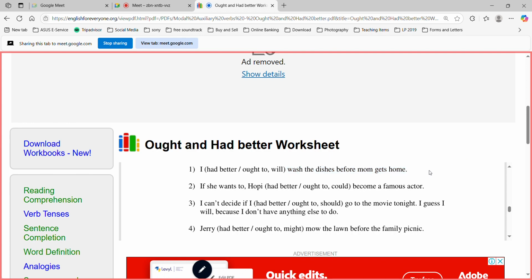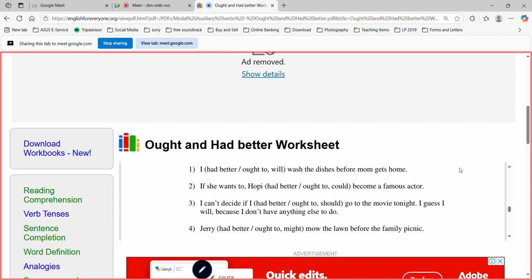So, before something bad happens, or she will get mad if they don't wash the dishes. He or she had better wash. So this is the answer, had better. I had better wash the dishes before mom gets home. So this is the answer for number one.